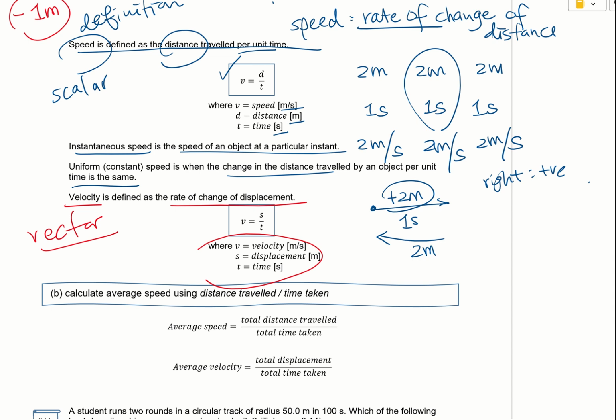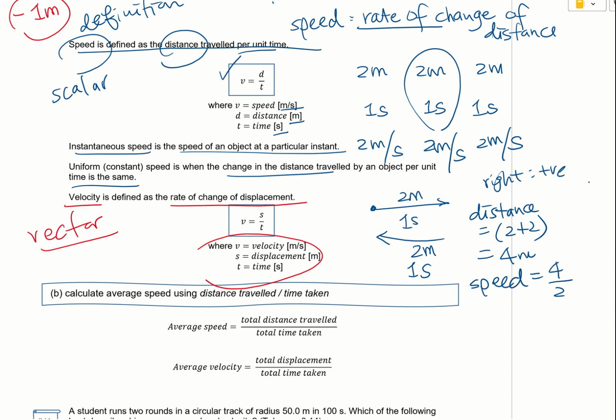However, because distance has no direction, the total distance traveled in this case, and I use blue color, later I'll be using red color for displacement, will be 2 plus 2 equals 4 meters, and it traveled over this time of 2 seconds. Therefore, the speed equals 4 over 2 equals 2 meters per second.